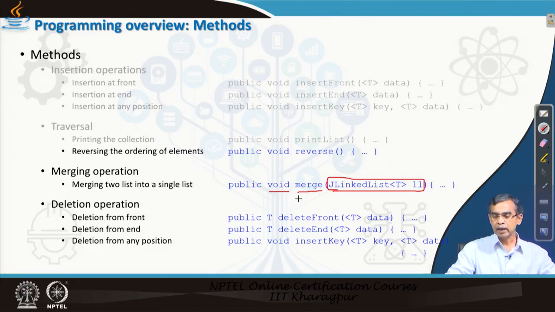This means that list 2 will be appended after list 1. On the contrary, if you have the two lists, list 2 and list 1, and you call the merge method for list 2 passing the argument as list 1, then list 1 will be appended after list 2. So, whether L1 will be added after L2 or L2 will be added after L1 depends on the way you call it.